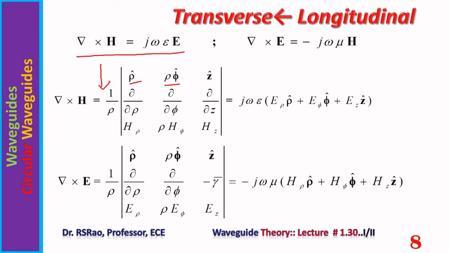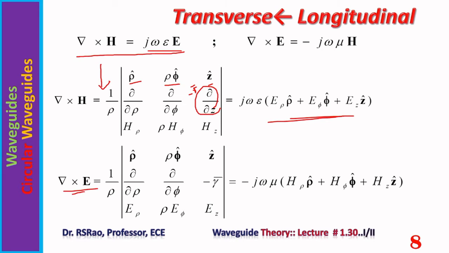It has rho cap, rho phi cap, z cap, dou by dou rho, dou by dou phi, dou by dou z. For dou by dou z, we replace minus gamma bar. Then H rho, H phi, H z. On the right hand side, we have j omega epsilon times E rho cap, E phi cap, E z cap.